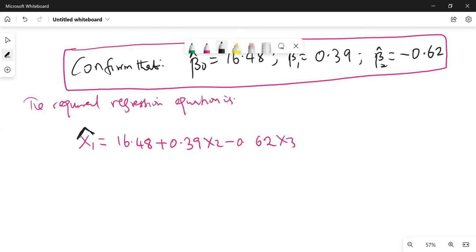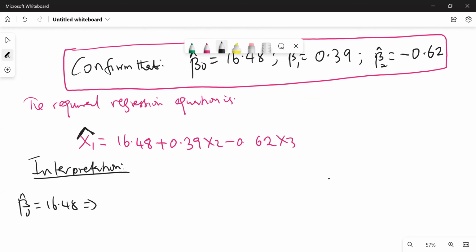So how do you interpret the regression coefficients? Interpretation. We start with the estimate of beta naught, which is 16.48.